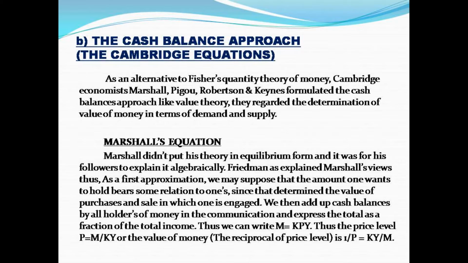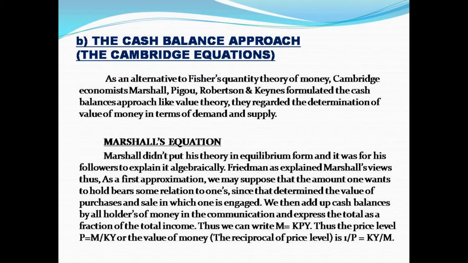The Cambridge cash balances equations of Marshall, Pigou, Robertson and Keynes are discussed as: first one, Marshall equation. Marshall did not put his theory in equation form, and it was for his followers to explain it algebraically.